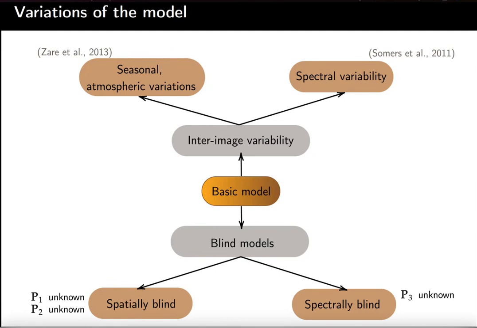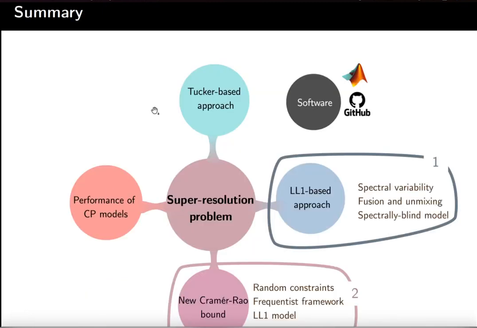They can be seasonal, atmospheric, or represent a form of spectral variability. So in this talk today, I will focus on the super-resolution problem, although my results can be a little more general than this specific problem, because I try to keep the model quite general.